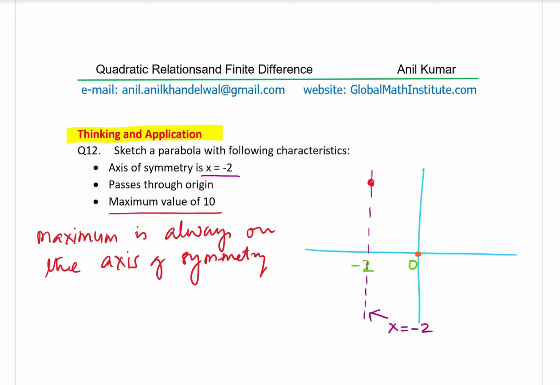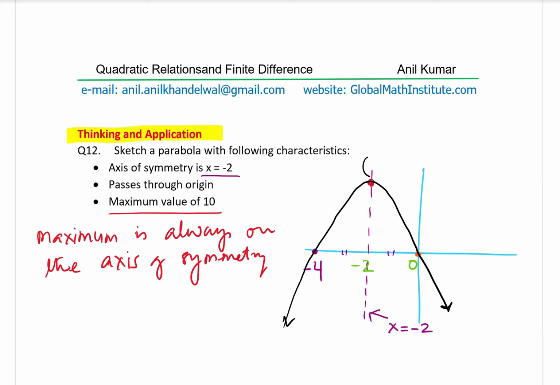So we should expect another point the same distance away, 2 units on the left side. So we should have a point at -4 also. And now we can connect and graph the parabola. Perfect. Does that make sense to you? So we can now graph a parabola, which will be a curved line turning at the maximum, going through the origin.